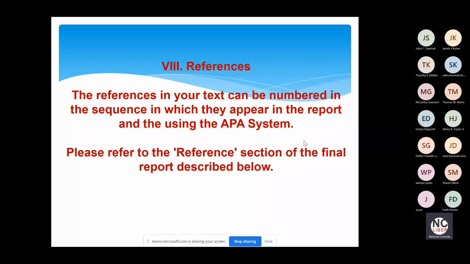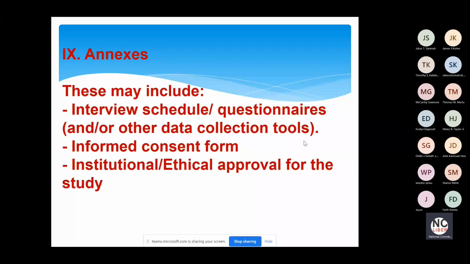So in your annexes, those things you're going to attach, we want to see the questionnaire. We want to see the informed consent form, the form that you give the people you're interviewing.